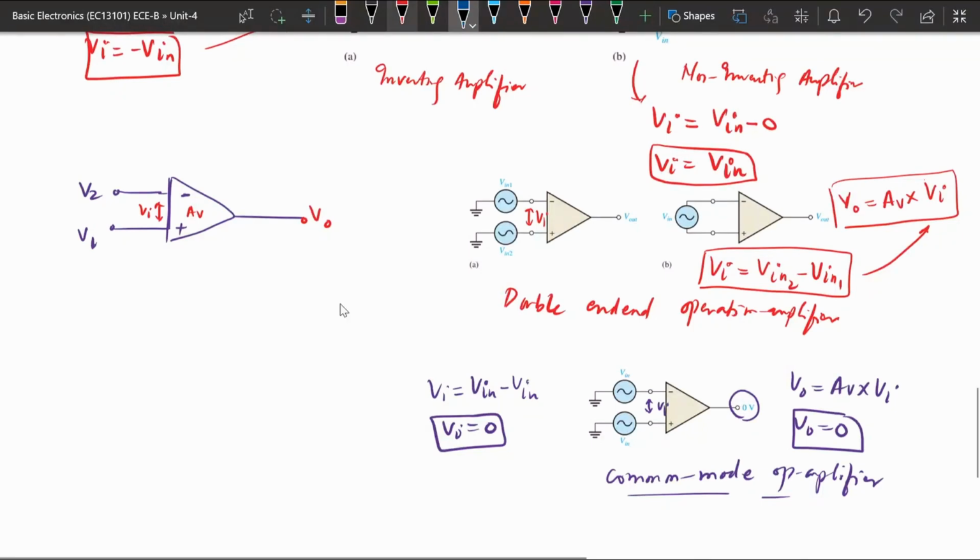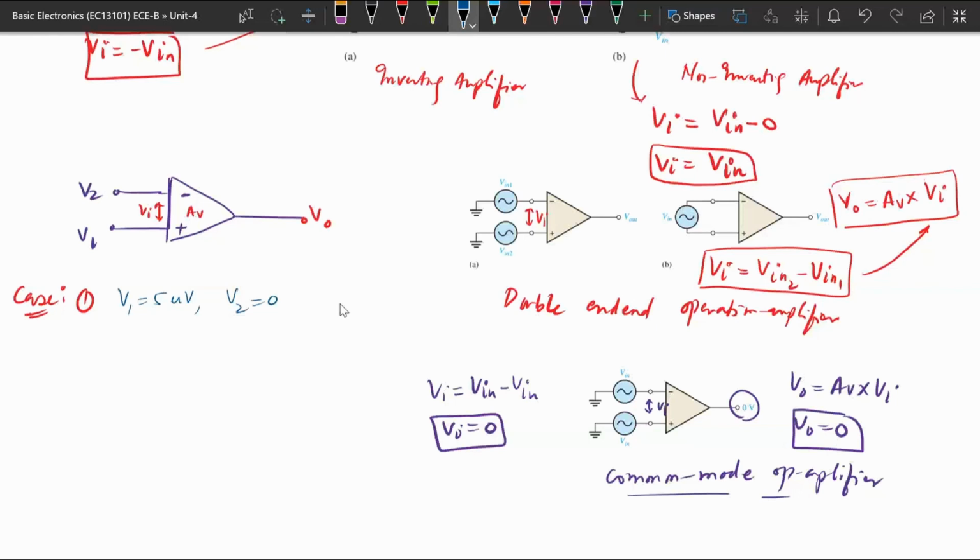In case 1, suppose V1 is equal to 5 microvolt and V2 is equal to 0. At this time the output will be the gain multiplied by 5 minus 0.